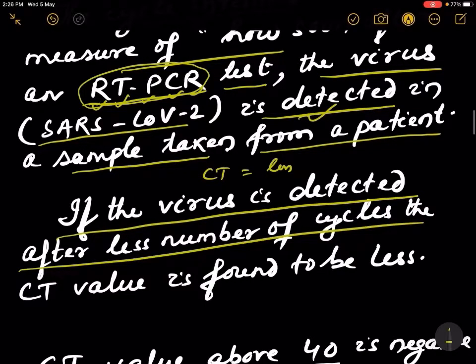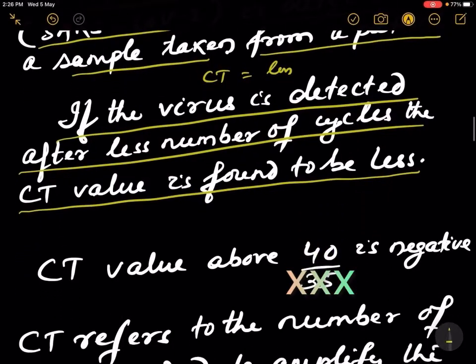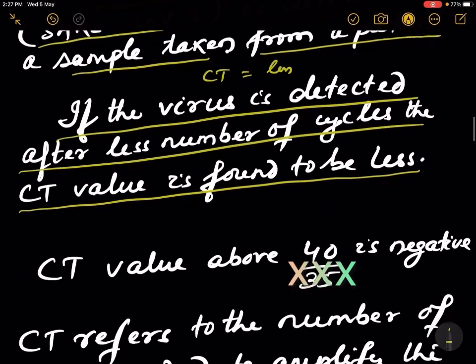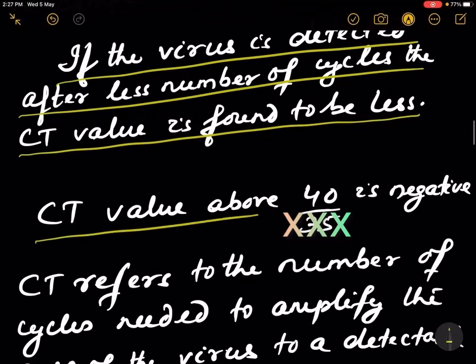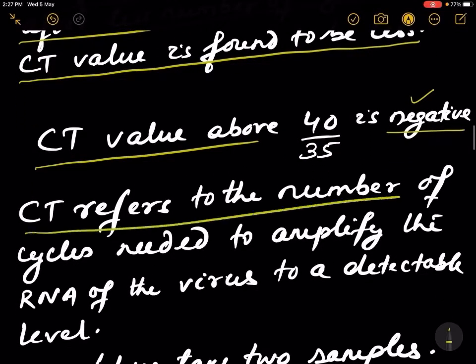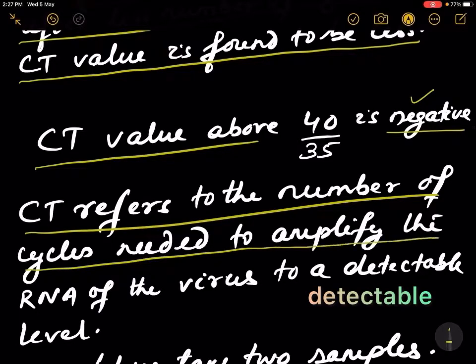If CT value is less, the patient has more infection. If the CT value is above 40, it is found to be negative. CT refers to the number of cycles needed to amplify the RNA of the virus to a detectable level.